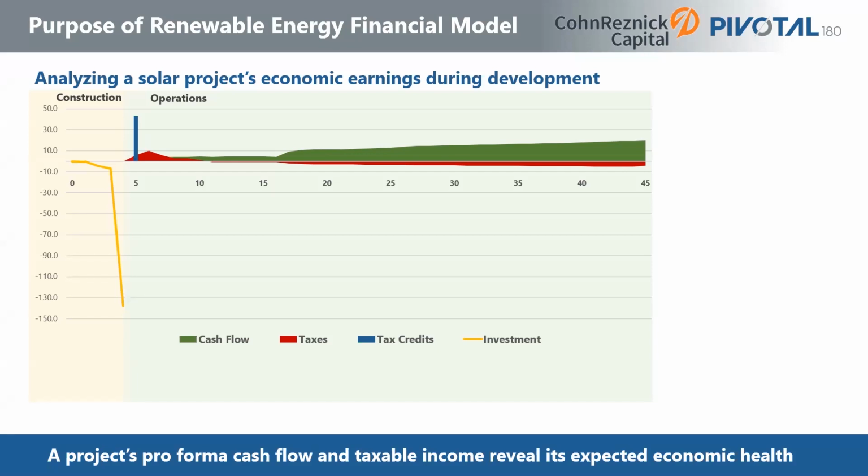With the PTC, what you would see is instead of the blue tall column at year 5 here, and year 5 doesn't mean year 5 of operations, it's at the beginning of operations, you'd see from year 5 to 15 a series of blue columns that are not as tall as that one, but a bit shorter, and those would be for the production tax credit. And while wind transactions are eligible for the ITC, we rarely ever see that on onshore wind.